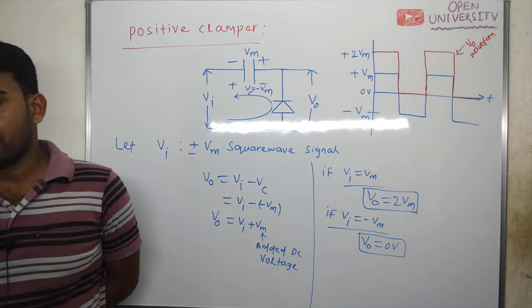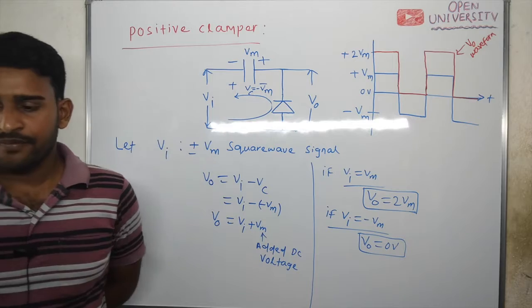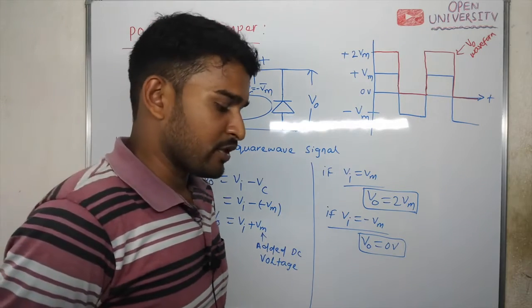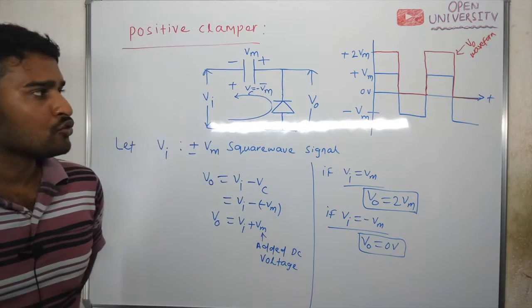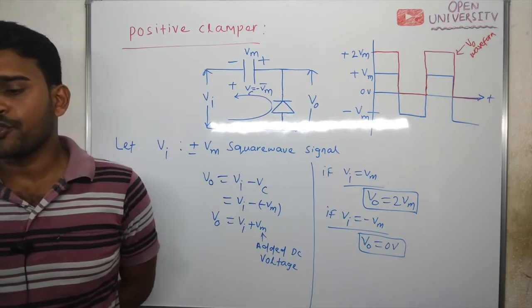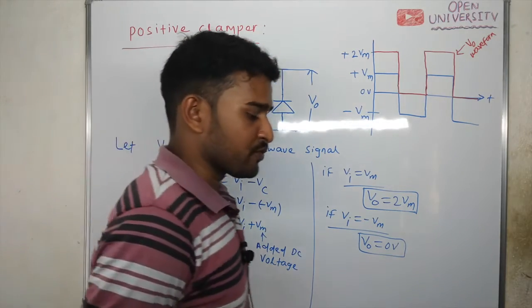Output will be a square wave signal whose values change from 0 to plus 2 Vm.